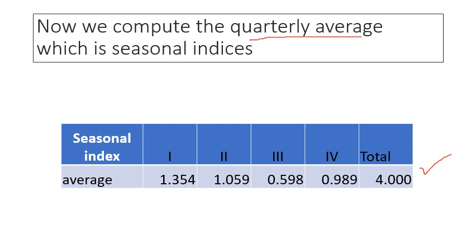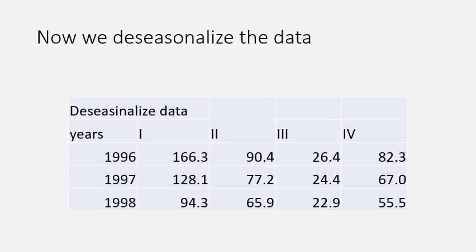Now we will deseasonalize the data by using these values and the original values. This is the deseasonalized data. The method is simple. Original value multiplied by the seasonal index, and we will have these values.